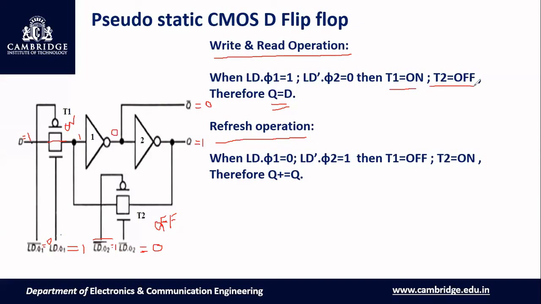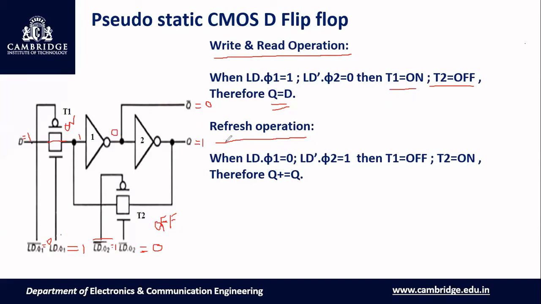The only thing is here you just have to remember the circuit diagram. If you remember the circuit diagram, it'll be easy for you to explain, right? For the pseudo-static CMOS D flip-flop, in the circuit diagram, just apply the values for the control signals and then apply the value for the input and see what will be the output.